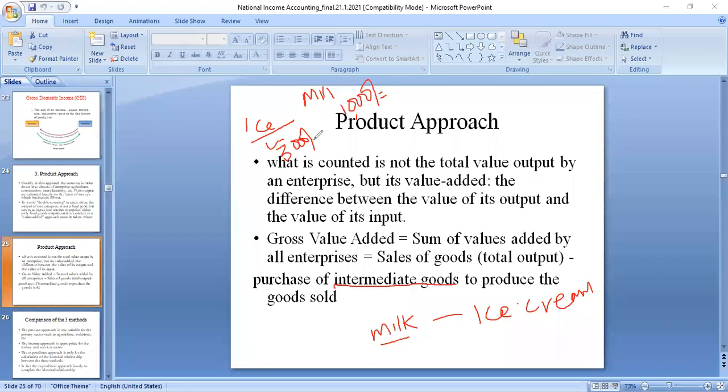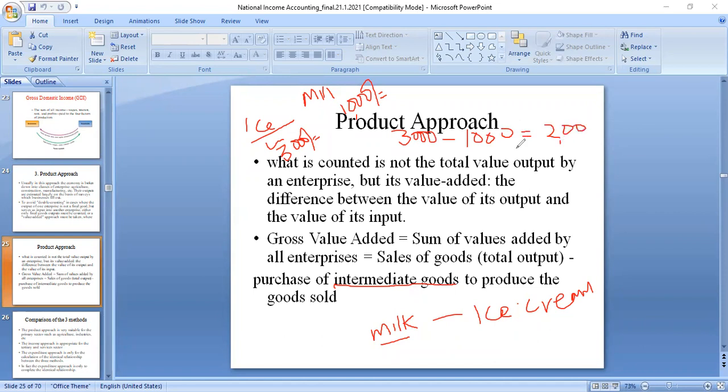It means that the value added is going to be the difference between the final value of ice cream, which is 3,000, minus the value of the intermediate good, which is milk, to give us the value added as 2,000. Are we getting the logic?